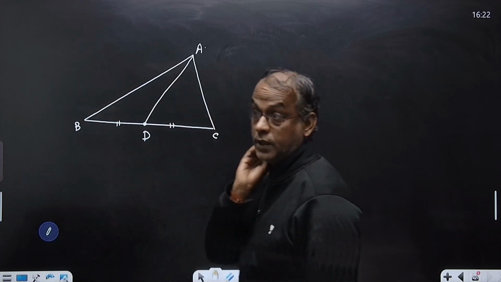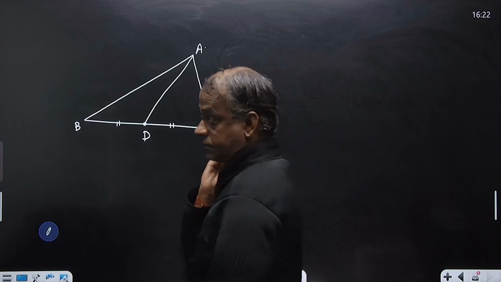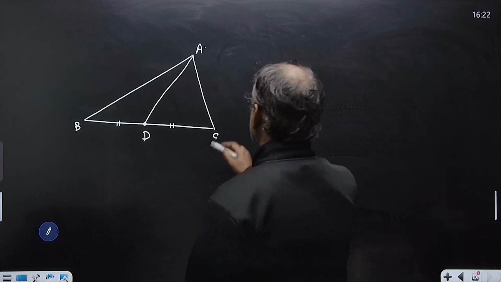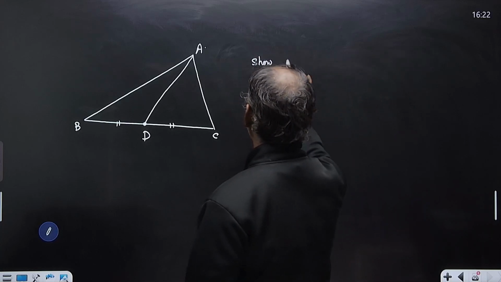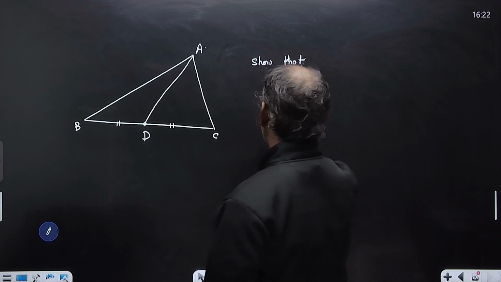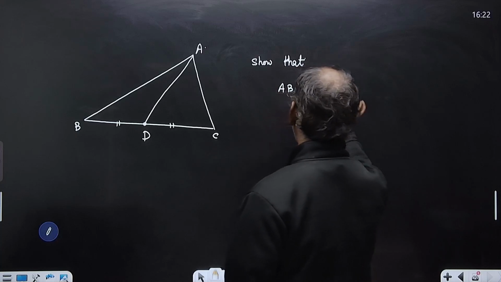I take a point D, which is the midpoint of BC, and draw AD. Suppose somebody says show that AB plus AC is greater than 2AD.